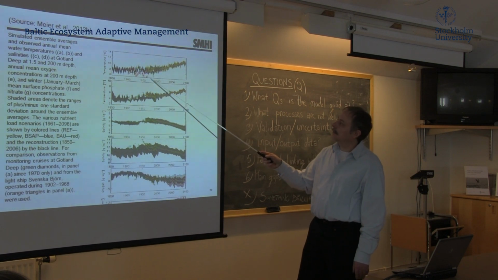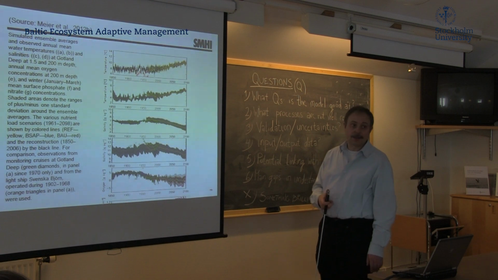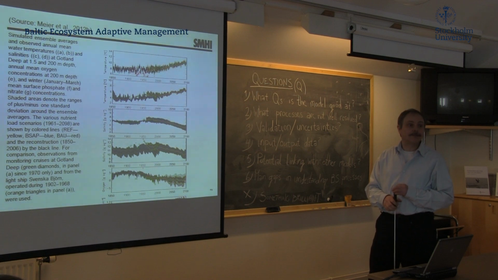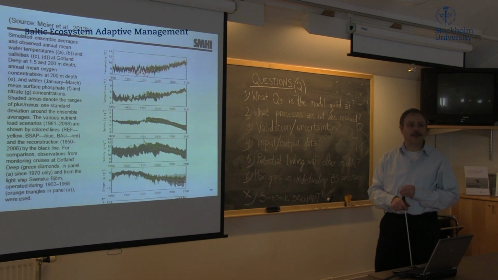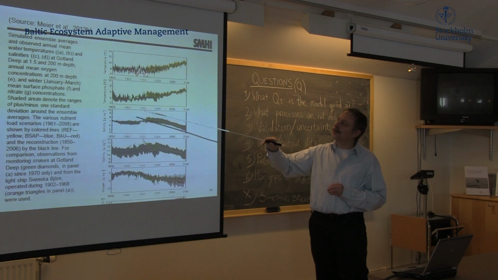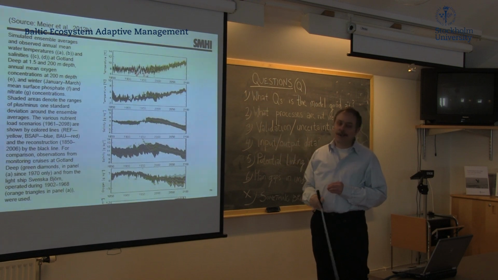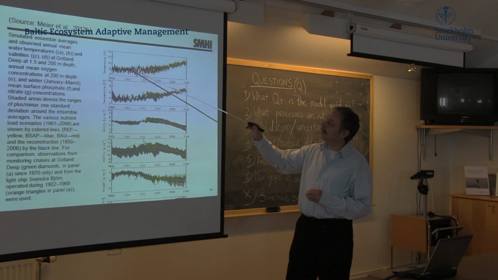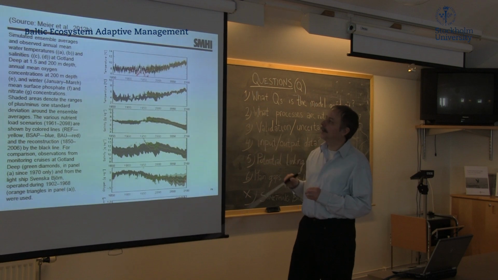These red symbols are light ship data, so we tried to manipulate them in a way that they fit the model results, but it's not so easy because they are undersampled, with no or fewer measurements during winter, and if you want to calculate annual means, it's very difficult. They are not exactly at that position, so we took it a little bit further to the north, so basically it's a shift. So it is very difficult to validate the past, but here's some kind of try, and you see, okay, maybe it's not too bad.